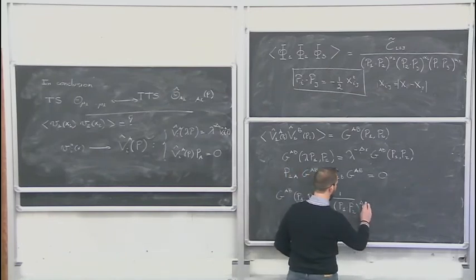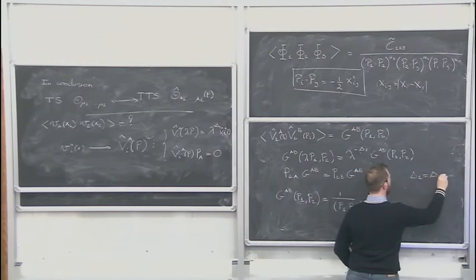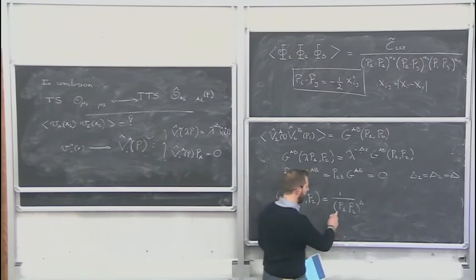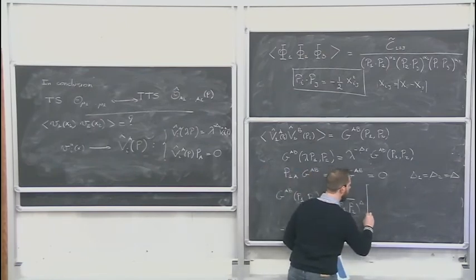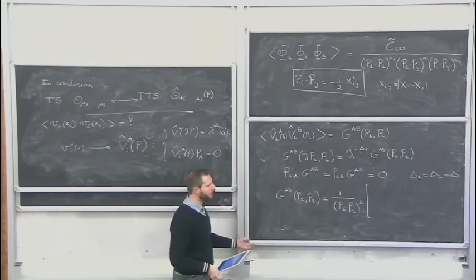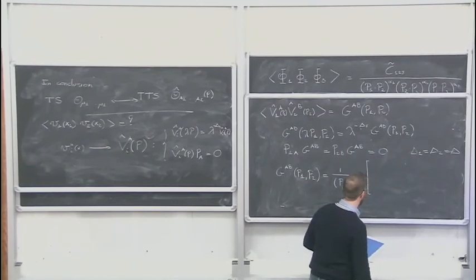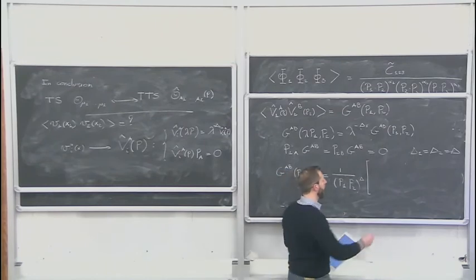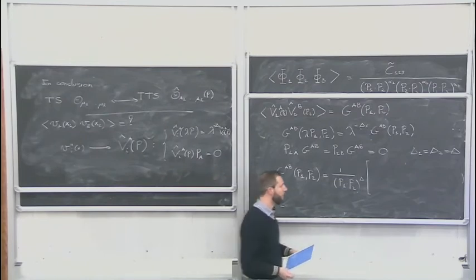So let me call delta 1 equal delta 2 equal delta. Otherwise, you just get 0, just from homogeneity. Then we have to take care of the rest. I divide by a prefactor that takes care of the homogeneity property, and then here you have something which is homogeneous of degree 0, so it can only be ratios of stuff. And it has to be a two-index tensor. So the only things that you have are eta_AB or p1_A p2_B, p2_A p1_B, and vice versa.